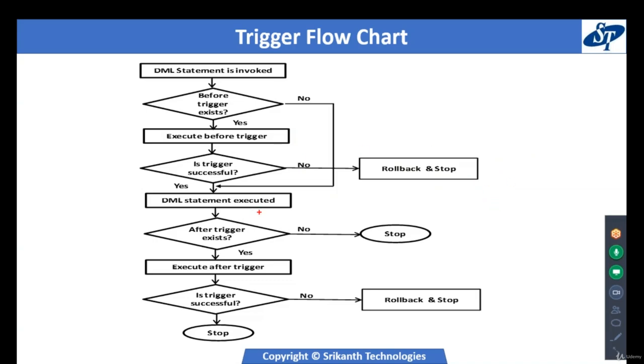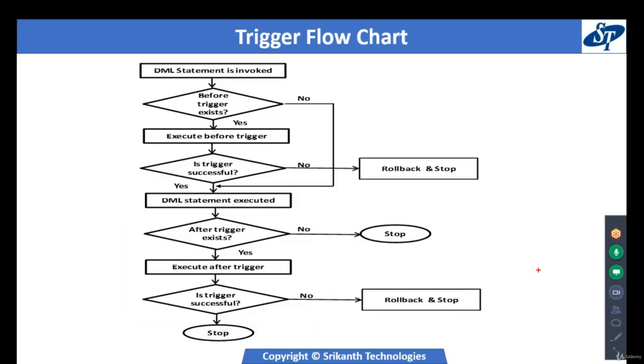And the same is done for after trigger. What we do for before trigger, the same we are doing for after trigger. So again, we check whether it is existing, we execute it, and if it is successful, we proceed. Otherwise, we again roll back and stop.